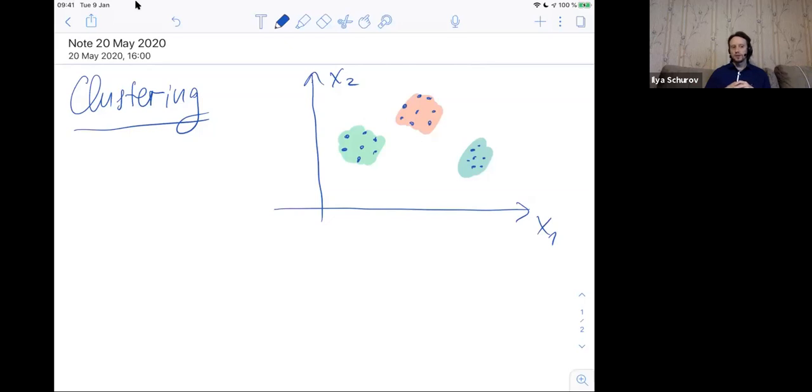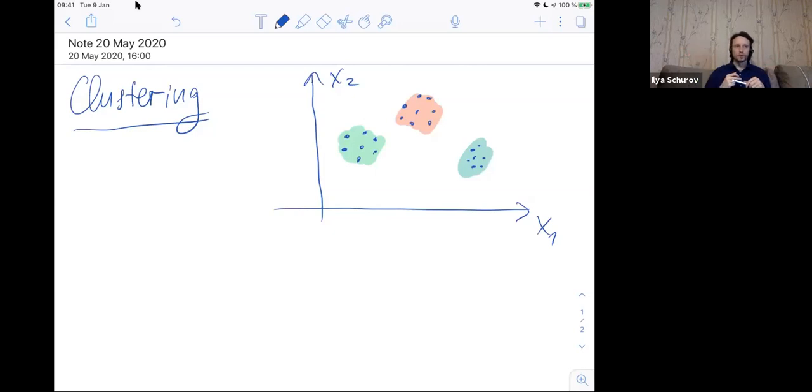And we believe that these people should be grouped naturally into several groups. Inside each group, people are similar to each other, but groups are different from each other.